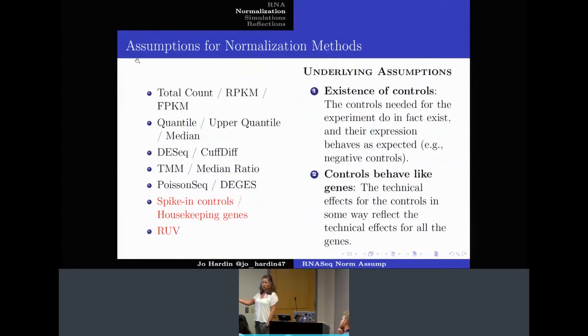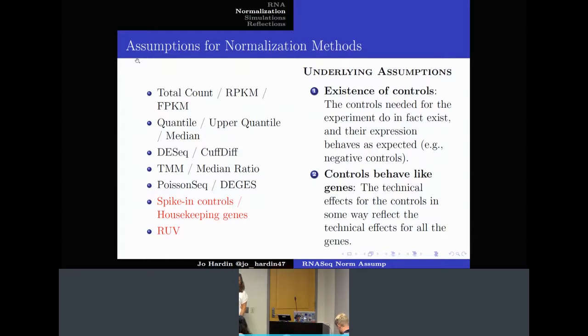So there's a whole class of normalizing techniques that use housekeeping genes and spike-in controls, and what are they assuming? Well, the controls have to exist, and they have to behave as expected, which means they can't change based on the experiment.